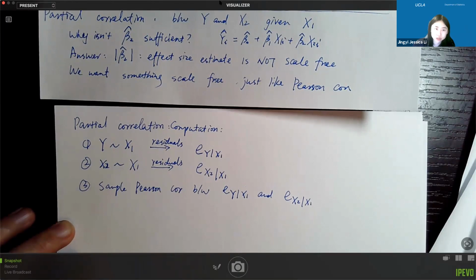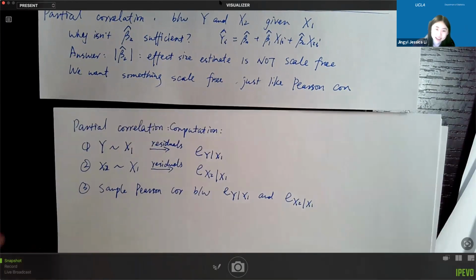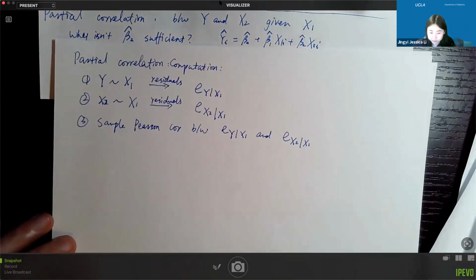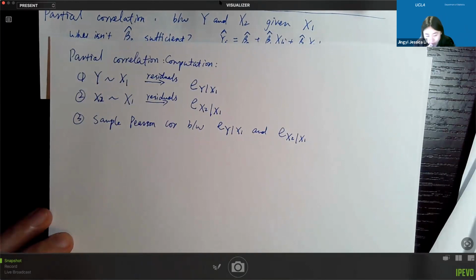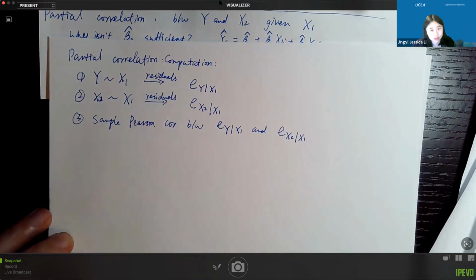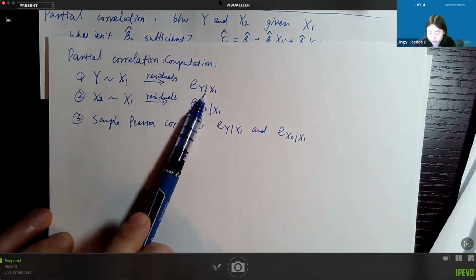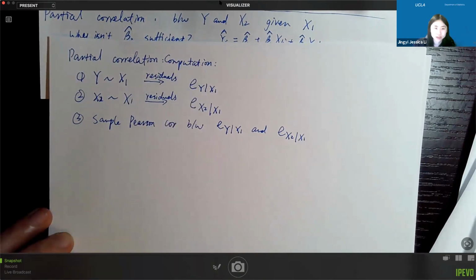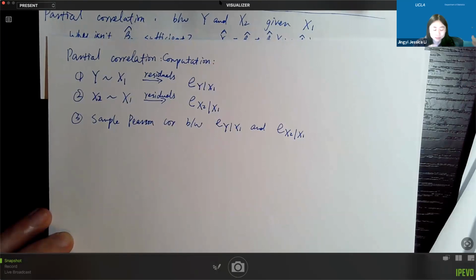So geometrically, what does it mean? There's a graph in the notes. I'm going to post it very soon, so you can check it out. I'm not going to draw it here. Geometrically, you can think of linear regression as a projection.